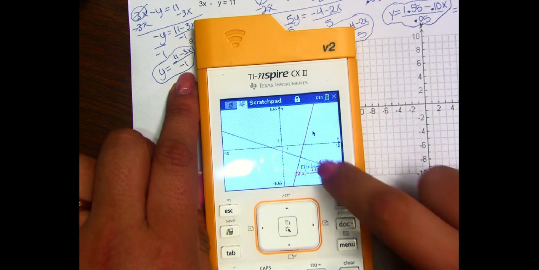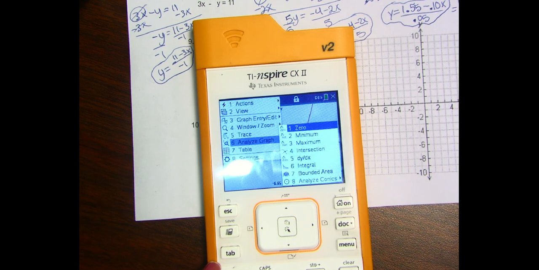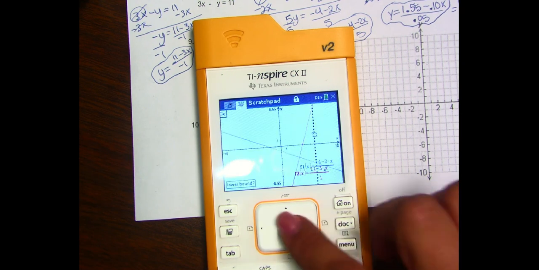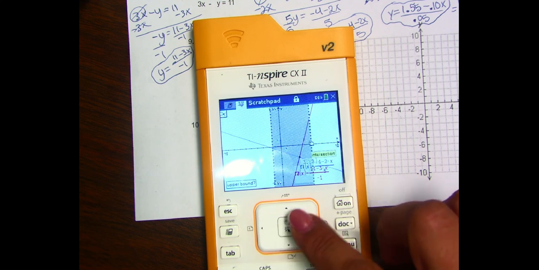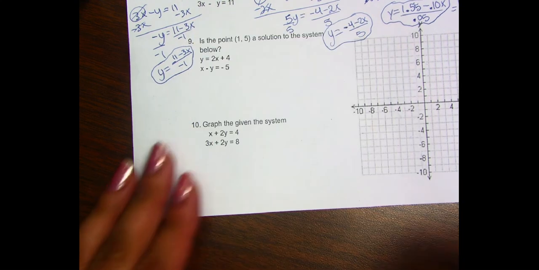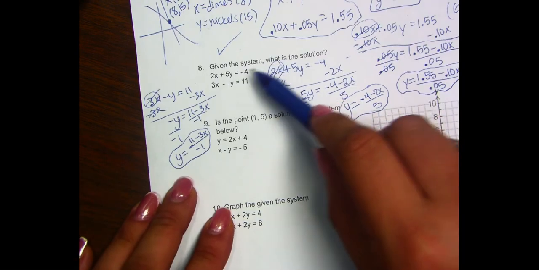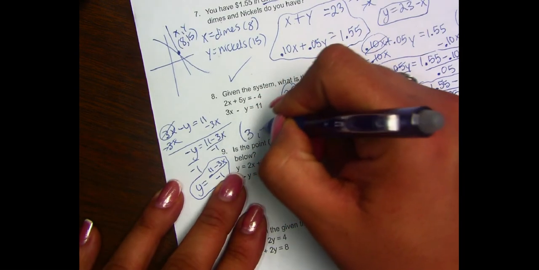Okay, when you find those two lines intersecting, menu, analyze, intersection, click and then drag, and there it is, 3, -2. So graph, given the system, what is the solution? You just write 3, -2.